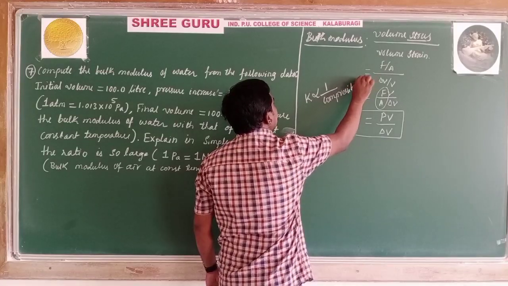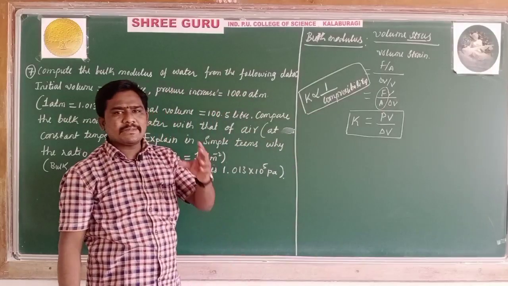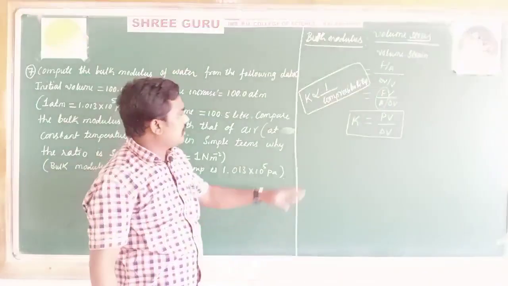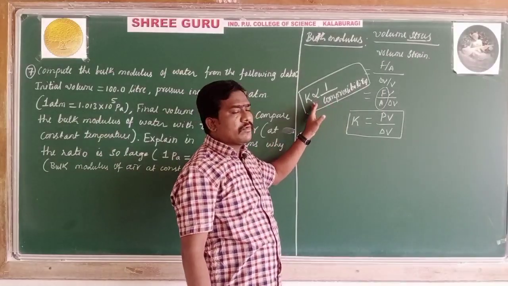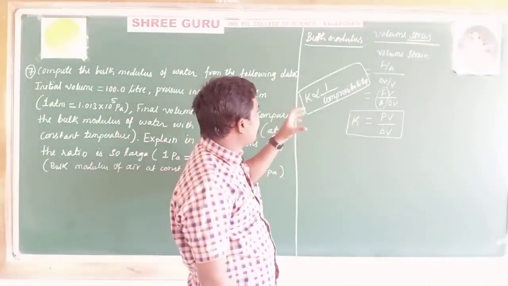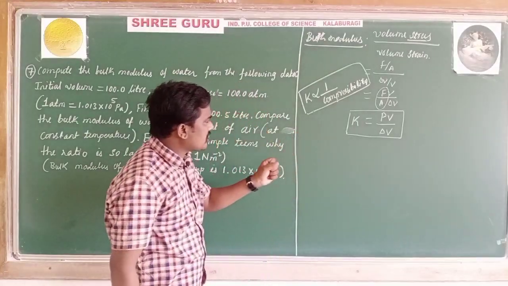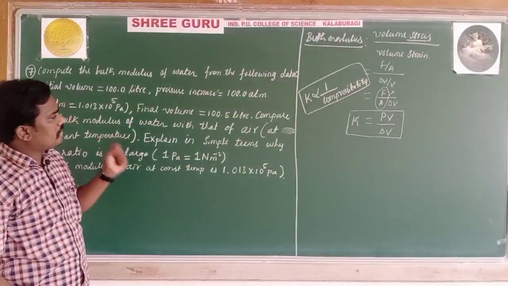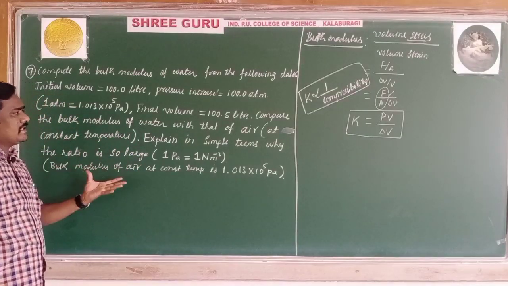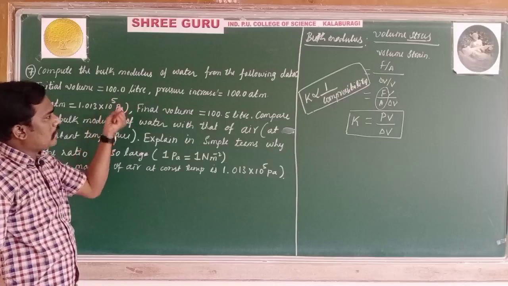Why? Because if the bulk modulus value is more, the compressibility is less. If the compressibility is more, the bulk modulus value is less. Keep in your mind, this is very important to solve the numericals on the basis of bulk modulus, whether given in liters, pascals or volumes.